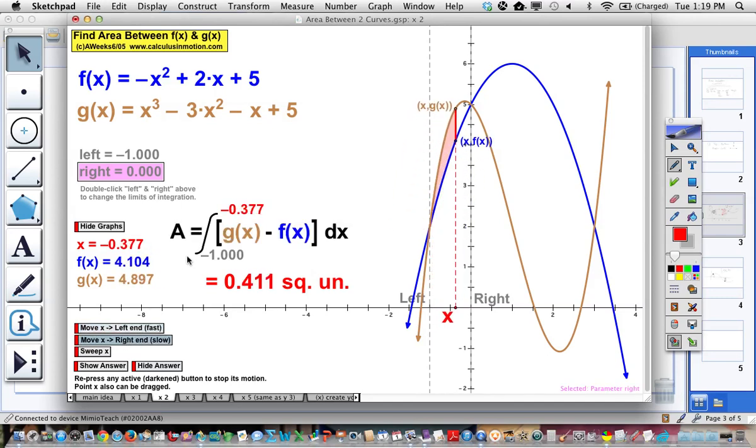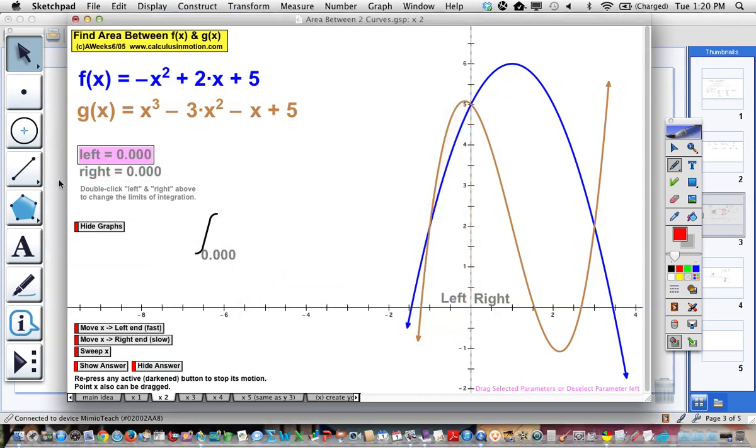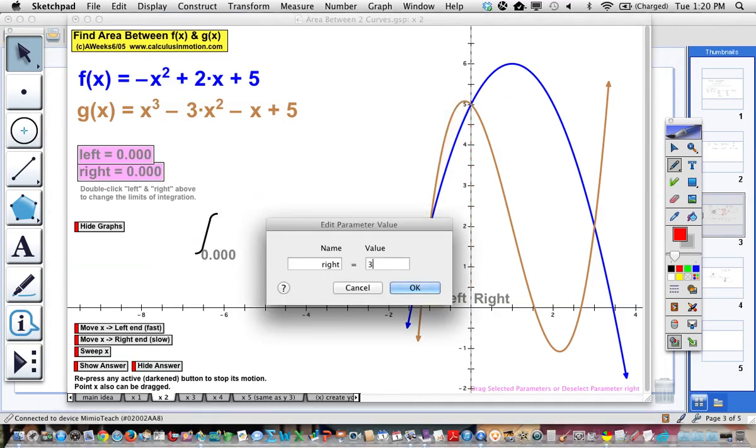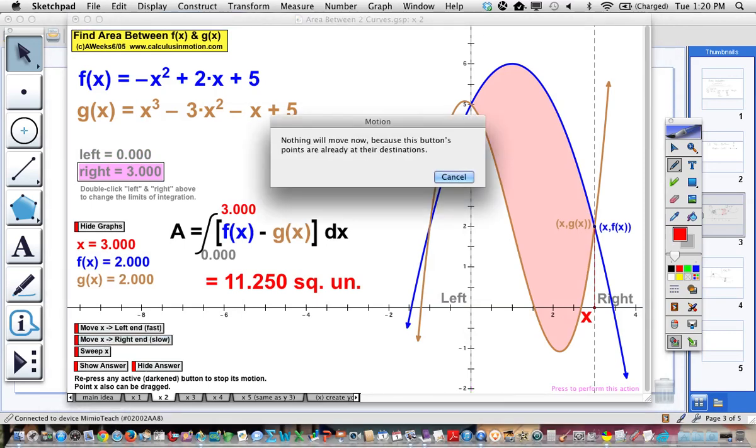So the first area came out to be that. I don't know what number that is. And then the second one ends up being from 0 to 3.